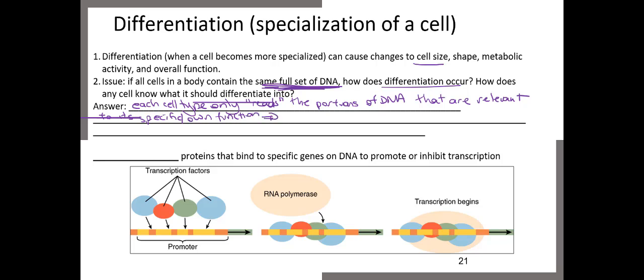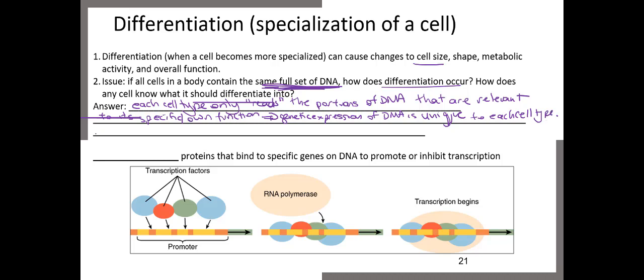So even though all cells have the same identical DNA, the genetic expression of DNA is unique to each cell type.